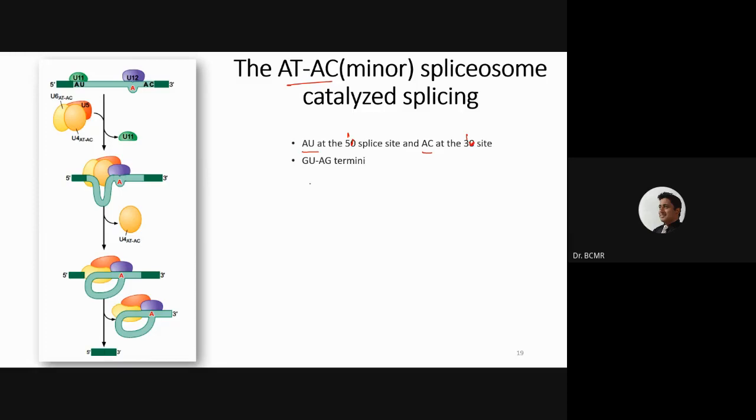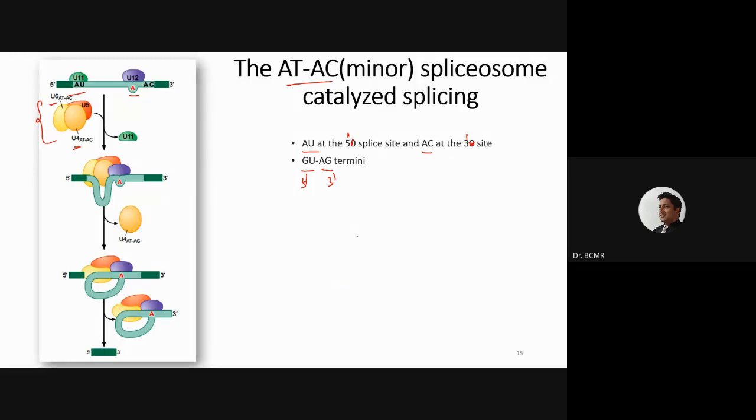But eventually, most of them have turned out to be something like GU and AG termini at the 5' splice site and the 3' splice site. So the process is almost the same, except that there are differences in the components a little bit. You have a different variation of U4, U6, and so on. But otherwise, the machinery is the same. So I'm not going to discuss that much.